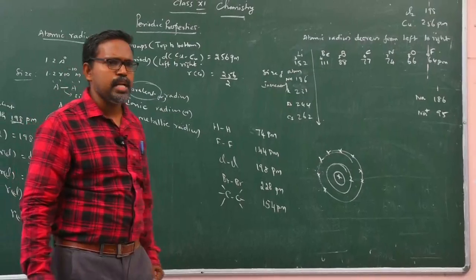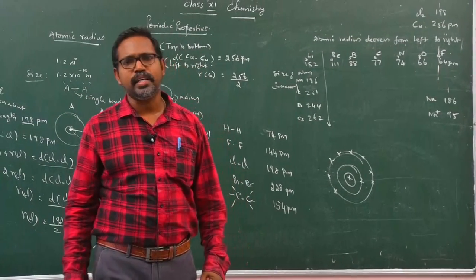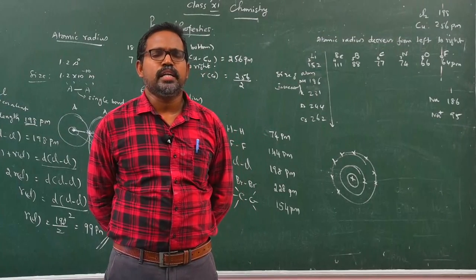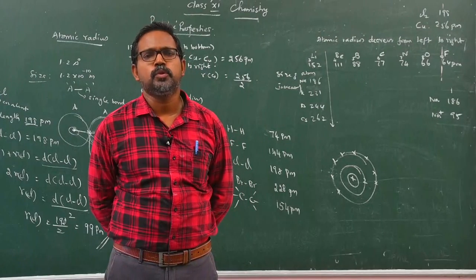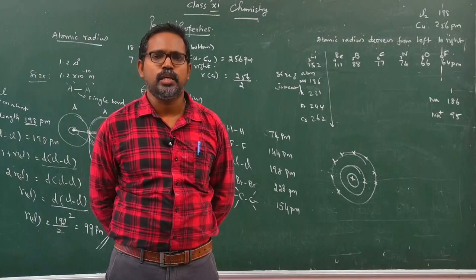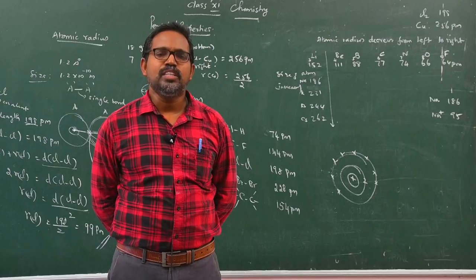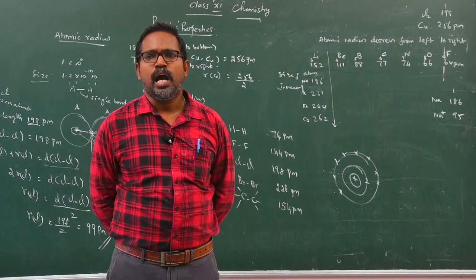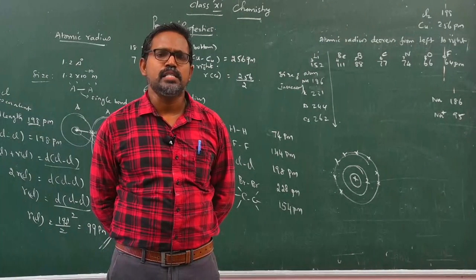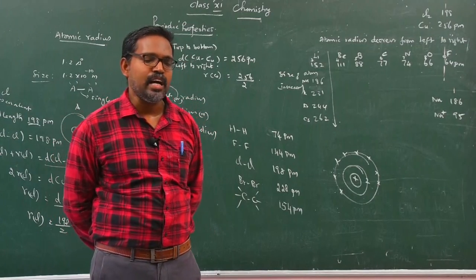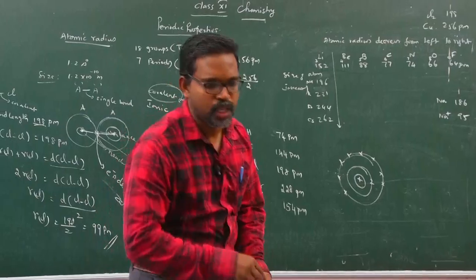Now the second similar concept, that is ionic radii. What is ionic radii? How does ionic radii vary from left to right and top to bottom in the periodic table? What is isoelectronic species, and how to compare the size of an atom and its cation or anion?